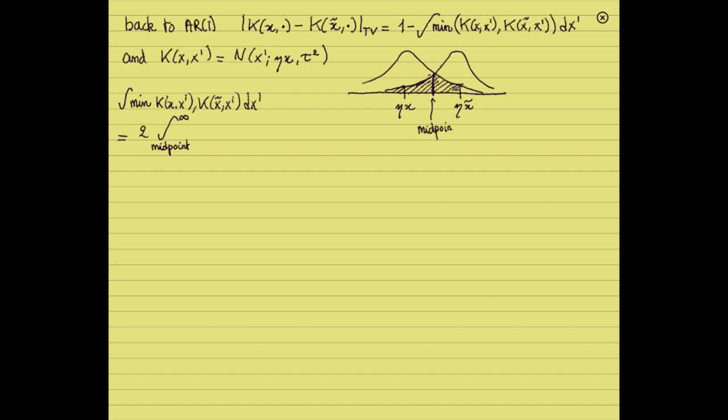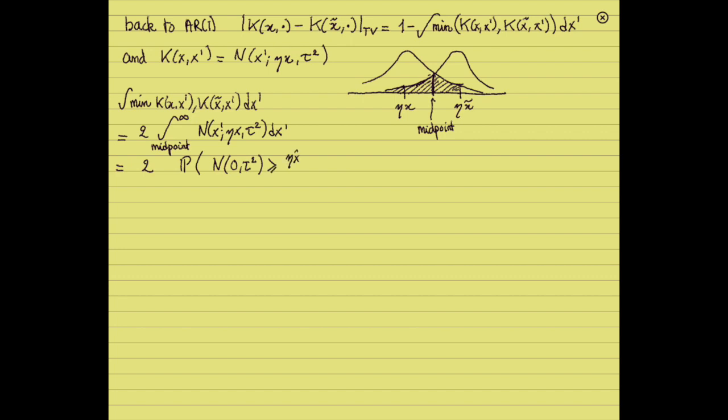So we integrate from the midpoint to infinity a normal density centered at eta x, for example, or we could have chosen the other density and integrate from minus infinity to the midpoint. And we multiplied by 2 because this overlap area is the sum of two symmetric areas.